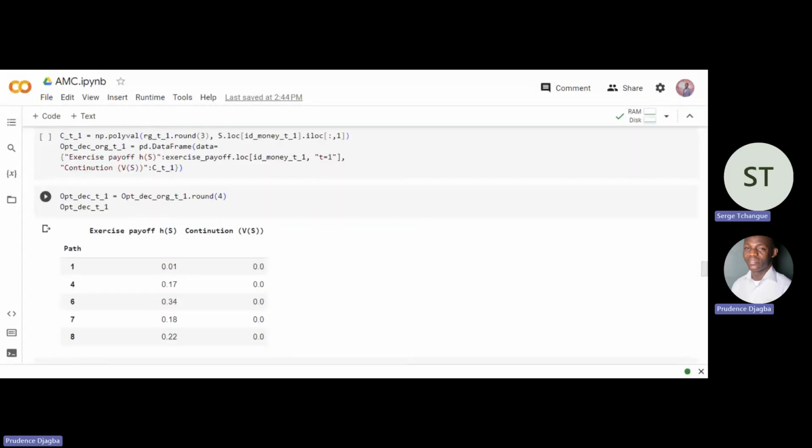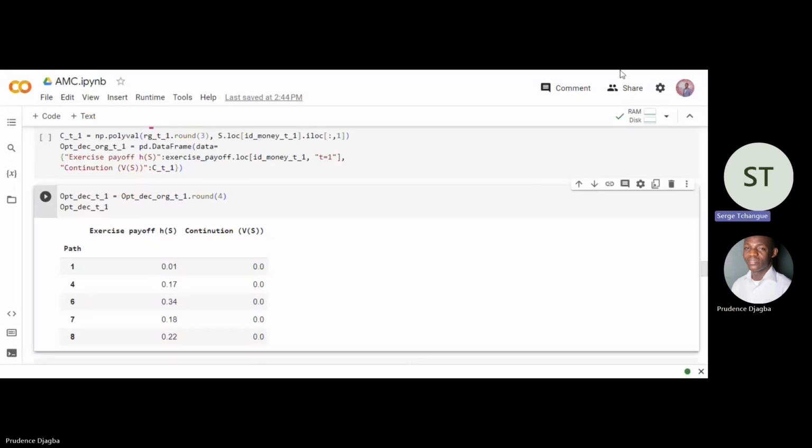Can you see my screen? Yes, yes. All right. I'm facing something now.